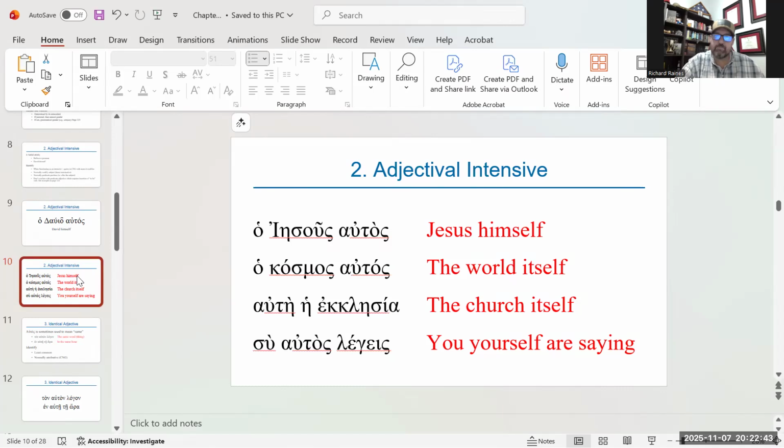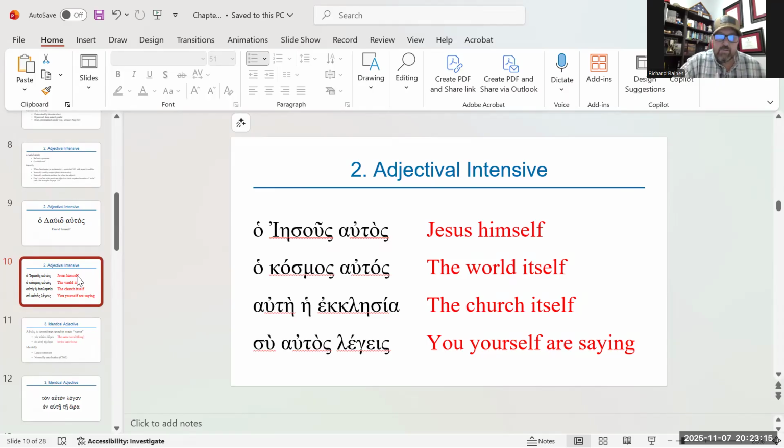Here's some examples of the adjectival intensive. We just covered this first one, ho Jesus autos, Jesus himself. Here's an example that I mentioned earlier where you use cosmos. So ho cosmos autos, the world itself. The reason we're translating autos as itself rather than himself is because in English, cosmos would not be masculine. World is not masculine. World is an it.